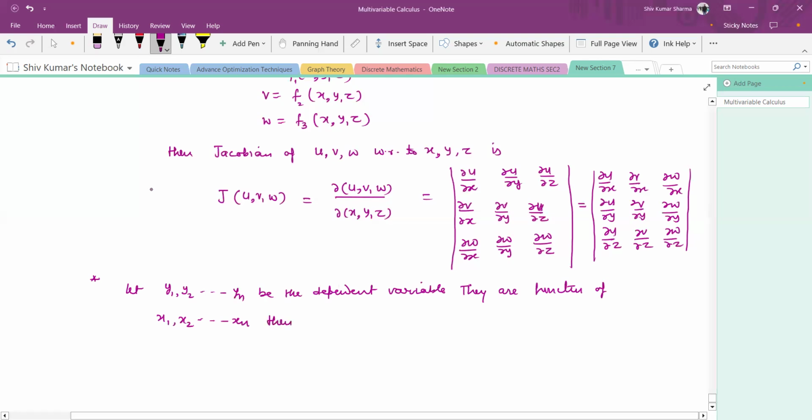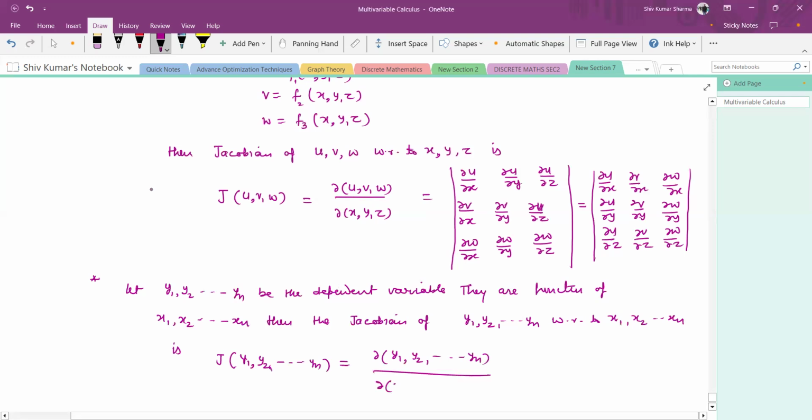Then the Jacobian of y1, y2, ..., yn with respect to x1, x2, ..., xn can be written as del(y1, y2, ..., yn) upon del(x1, x2, ..., xn).